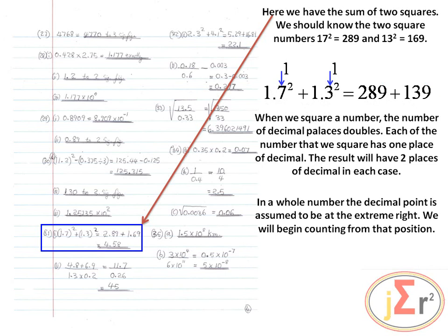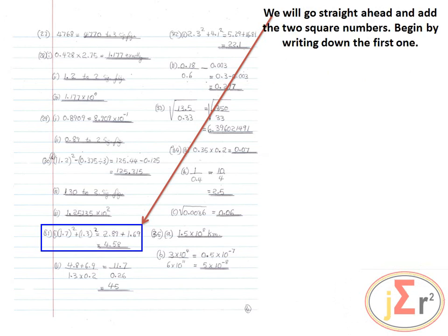And do not forget that in a whole number the decimal point is assumed to be at the extreme right. We will begin counting from that position, two places of decimal each. One, two, and there we go. 2.89 and 1.69. Let us take the final step on the next slide.